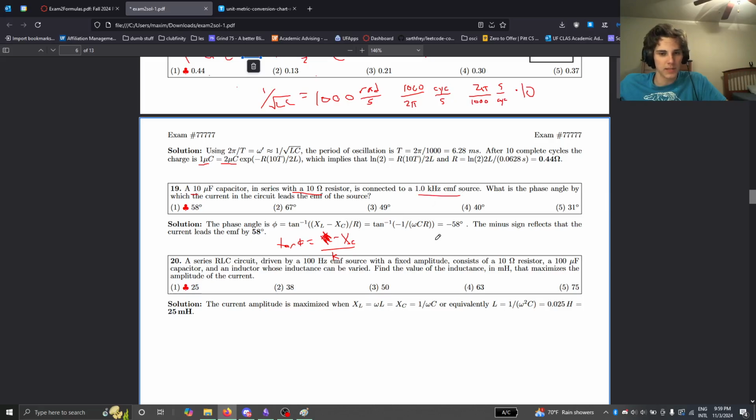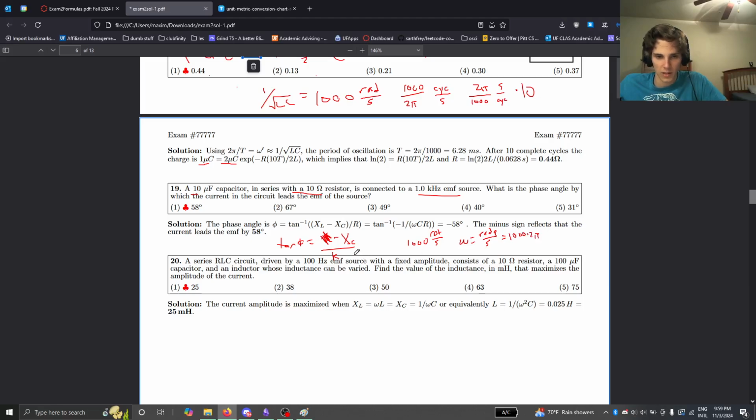And again, we have this hertz, so 1,000 rotations a second. If we want radians, which is what the omega is in, we multiply by 2 pi, so 1,000 by 2 pi. But I'm getting ahead of myself.